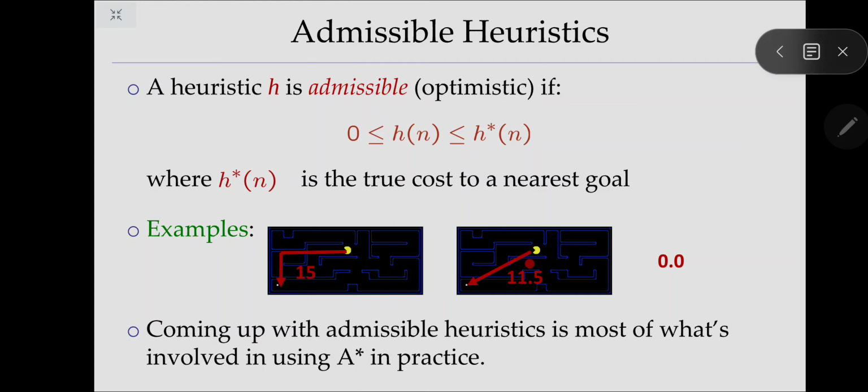In the right shape, when you use Euclidean distance, you ignore some constraints and say that the agent can go on a straight line or fly on a straight line.